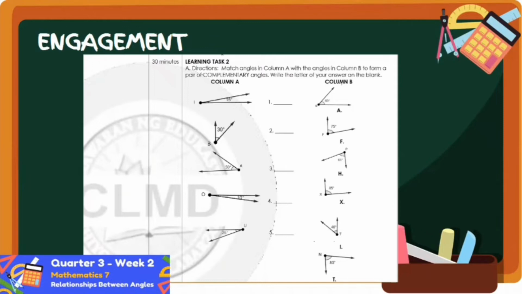What do you need to add to 15 degrees to get 90 degrees? Yes, very good. That is 75 degrees. So for number 1, the answer is letter F.